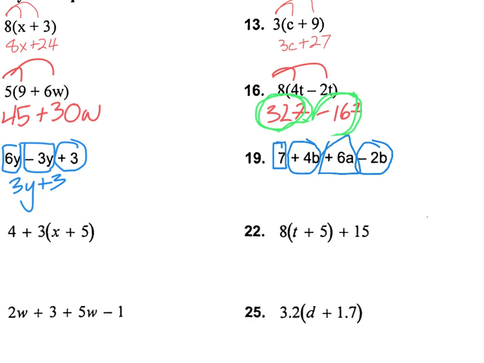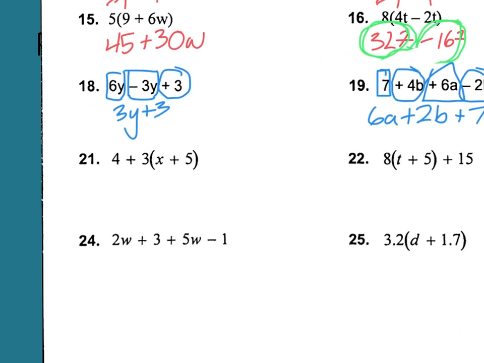So that triangle is by itself. So, okay, 4b, well, let's do it in alphabetical order. So the a's come first. So we have 6a, because it's by itself. Then we have b's. 4b minus 2b is 2b. And then we have plus 7. Not too bad if you just remember that we can combine things.